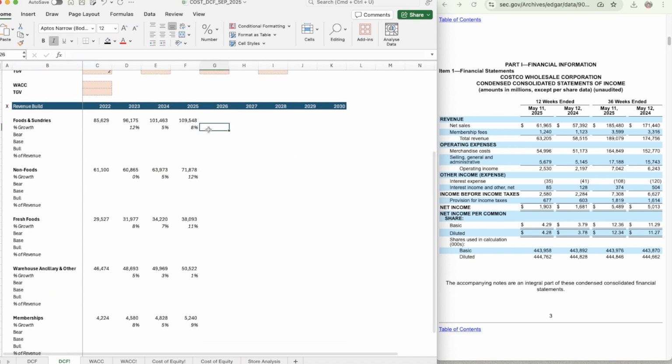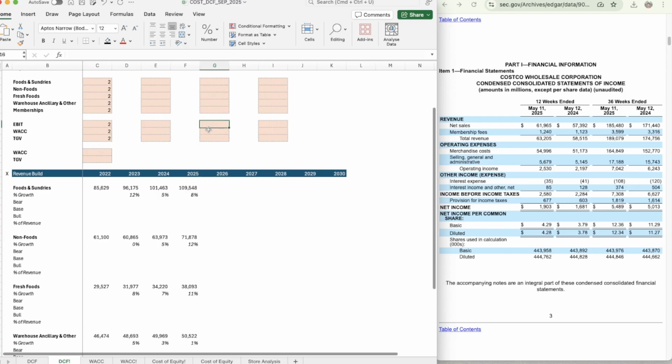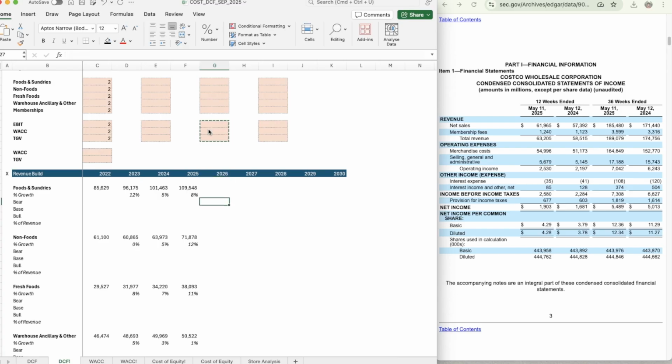So let's build out the projections now. We just need our boxes from above here.